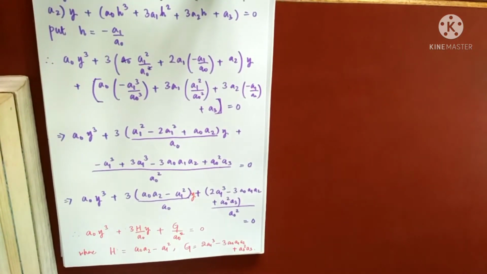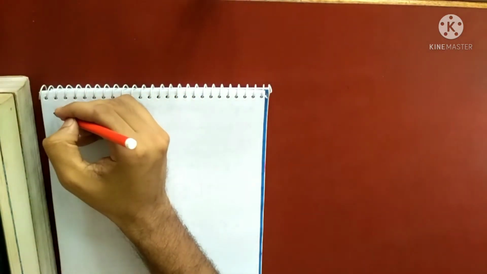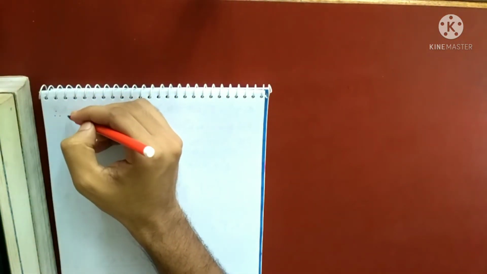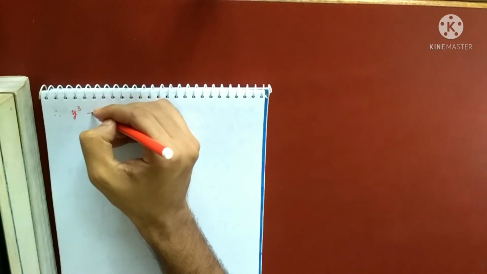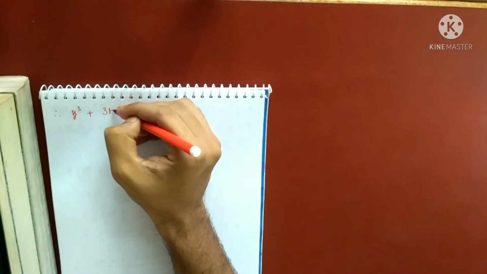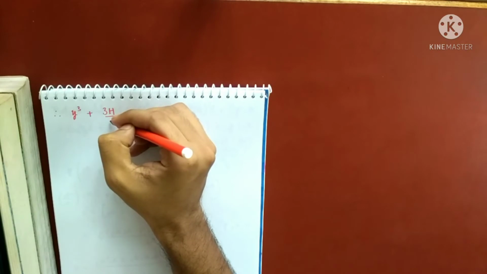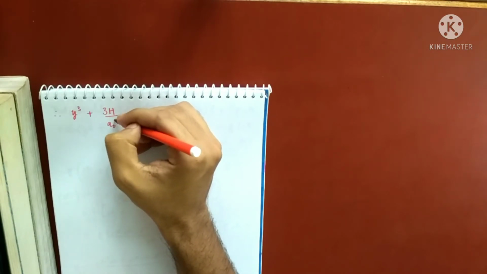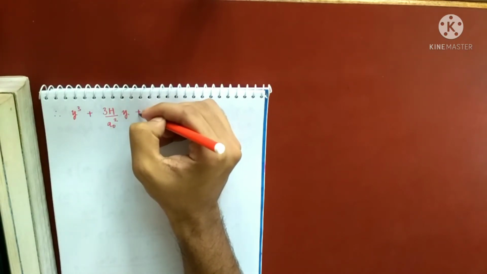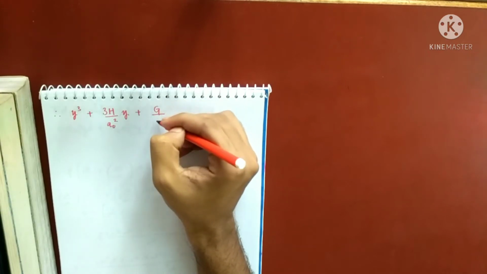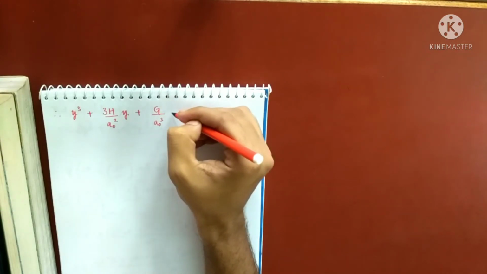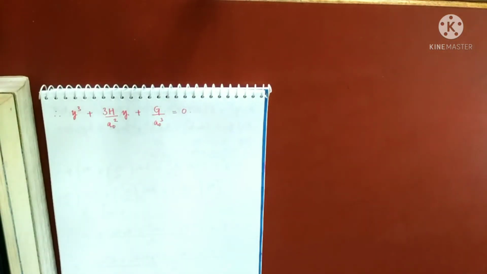So what I'll do now, I'll just divide by a naught here. So this will become a naught square and this will become a naught cube. So when I'm dividing by a naught, what I am getting, y cube plus 3h by a naught square y plus g by a naught cube equals to 0.